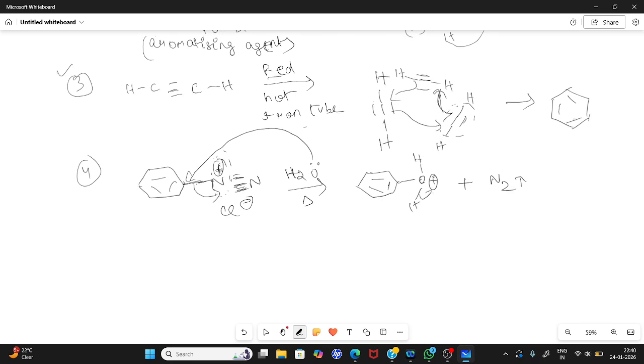This positive charge will neutralize again. So we'll have the final product as phenol with nitrogen gas. So this case does not give benzene. So according to the question, option 4 is the right answer.